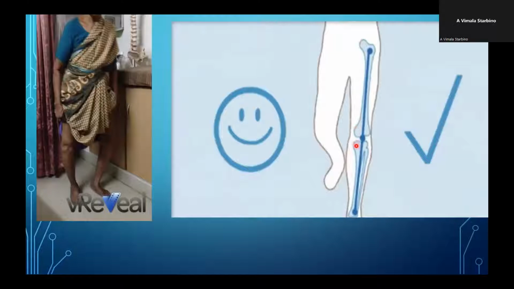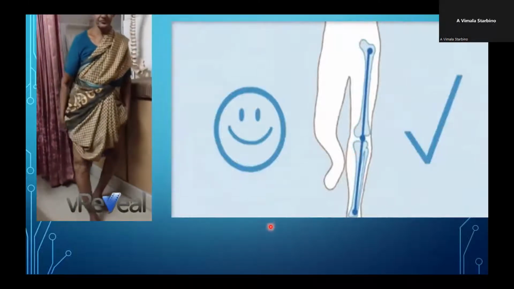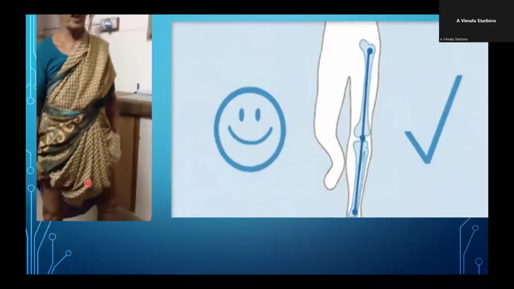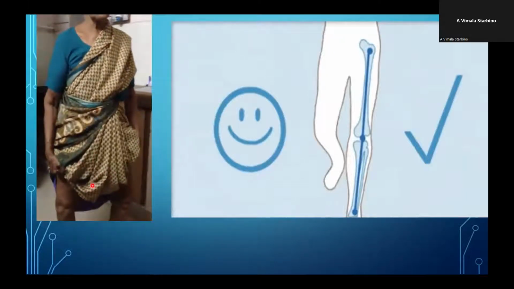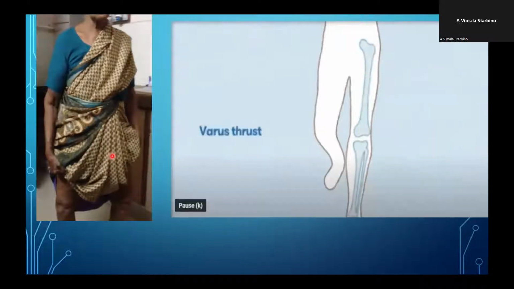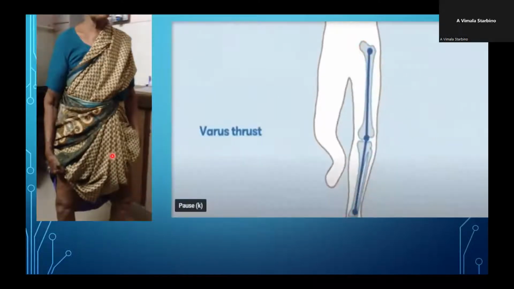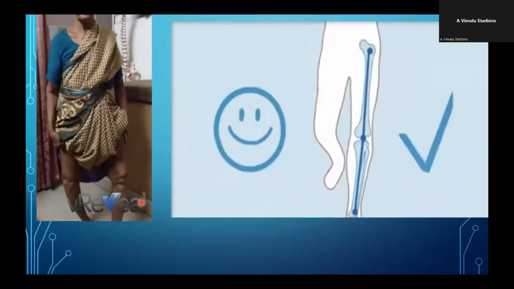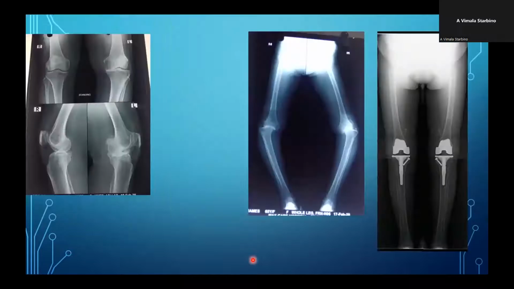It will pass to the inner side of the knee, causing a varus deformity or a bowing of your legs. This elderly lady has a wear and tear of her knee joint. See what happens? She is having a very grossly deformed knee. She's having a bowing of the knee, causing a lot of pain and difficulty.